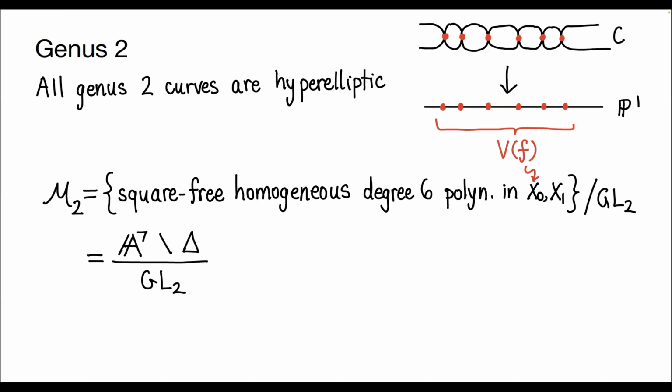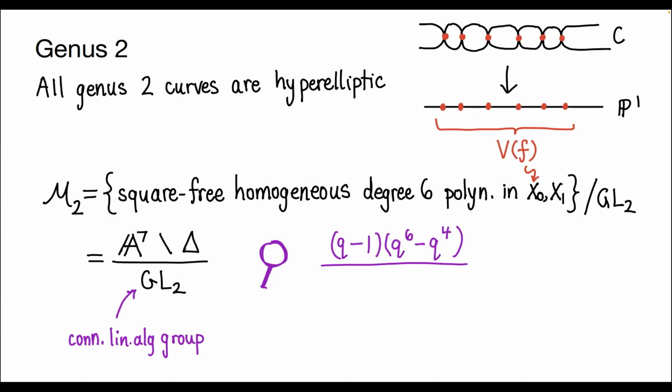So I find out that M2 is an open subset of affine space mod GL2. And GL2 is a connected linear algebraic group. So I'm allowed to do point count on top over the point count on bottom.